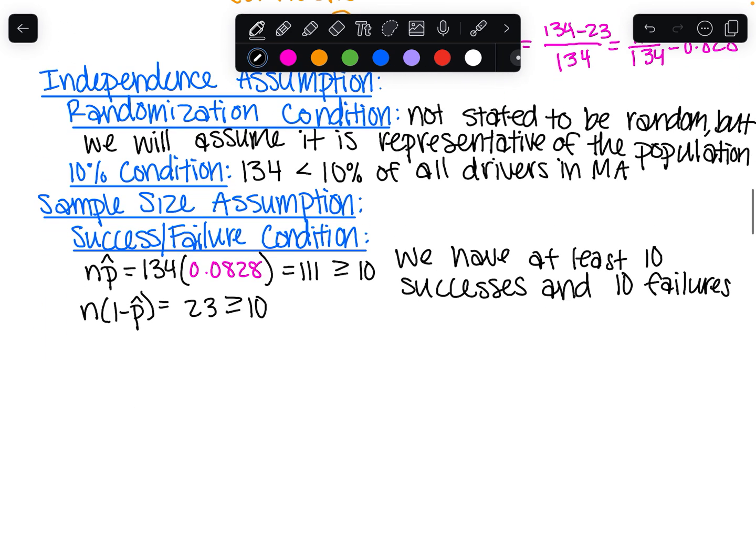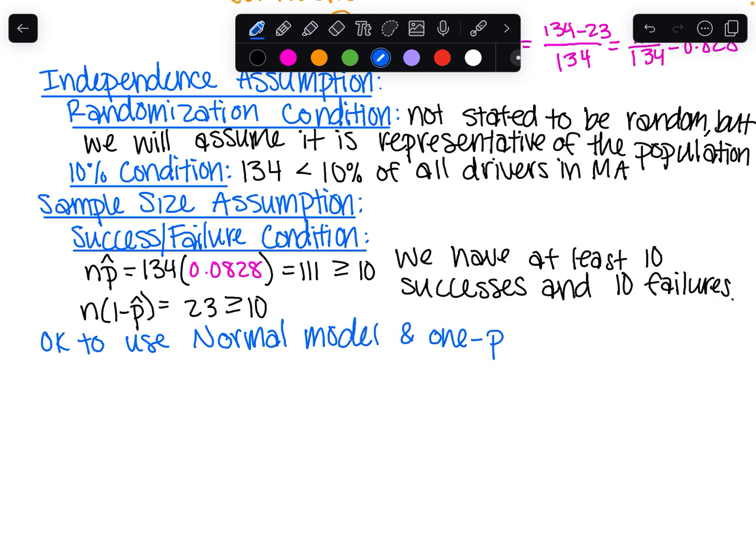Okay, and because all the conditions passed, we can say we can use the normal model. And remember, we're making a confidence interval here, so a 1 proportion z interval. If it was a hypothesis test, we'd say z test, but this is a confidence interval.